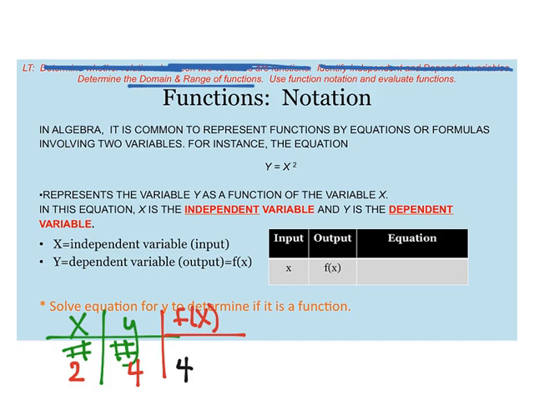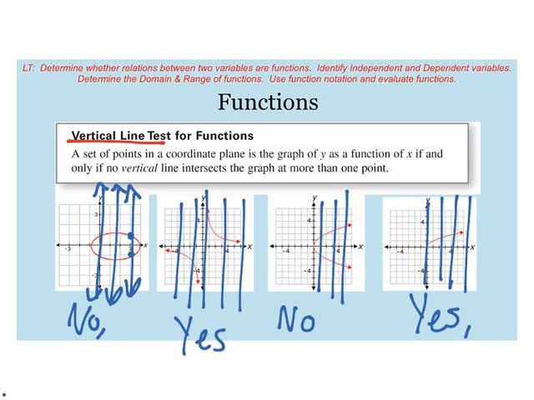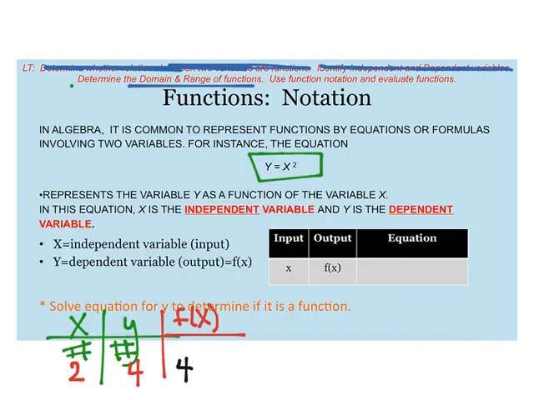What's important for today is knowing function notation will allow us to also determine if something is a function algebraically. Okay. Meaning, say I give you this, instead of a graph. If I give you a graph and I say, is it a function, that's easy because we remember the vertical line test. But what happens if I only give you an equation or a function?